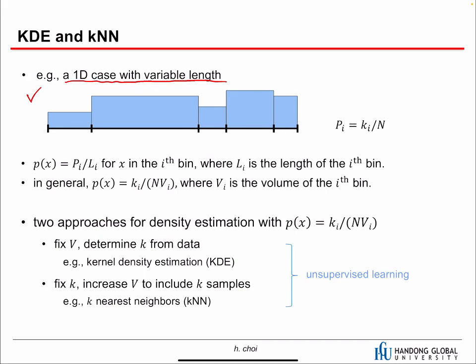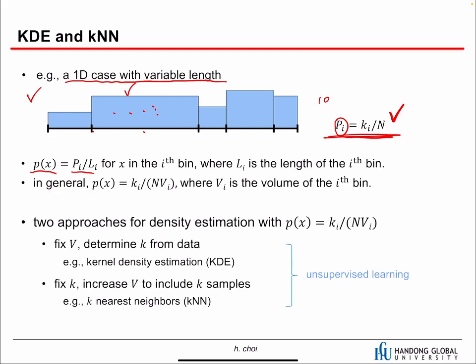Then p sub i, the probability that one sample is in this bin, is k sub i over n, and p of x is p sub i divided by l sub i. This one is straightforward, right? Let's say we have 6 samples and in total we have 10 samples, then this one will be 60%. That's what this equation says.